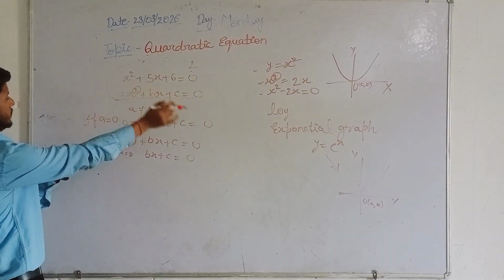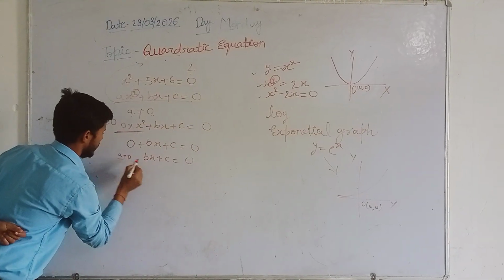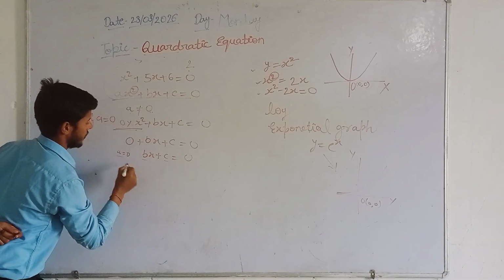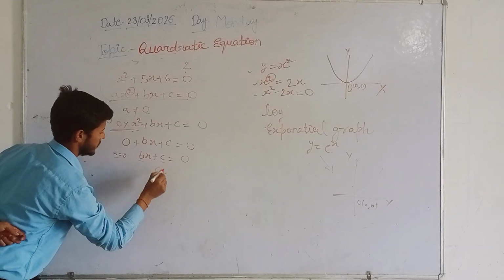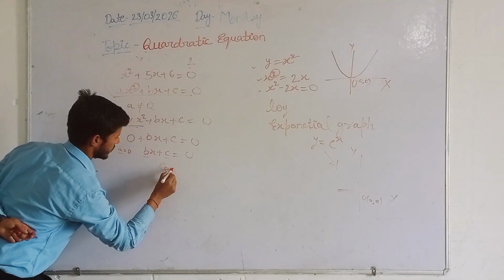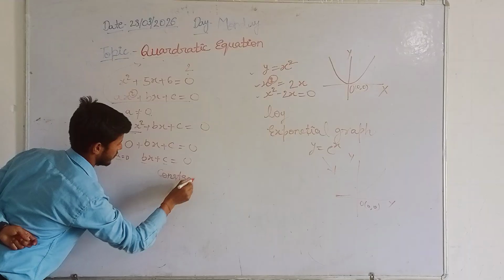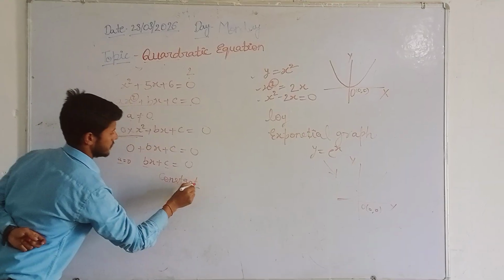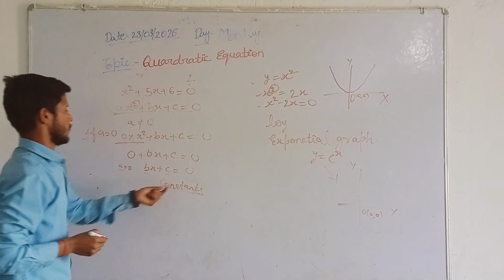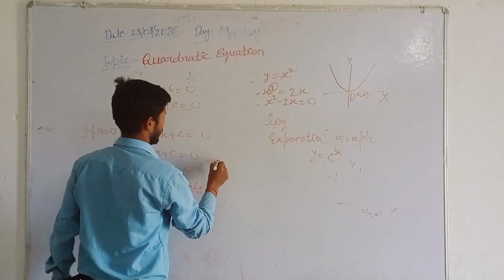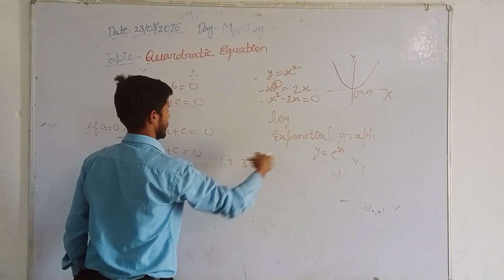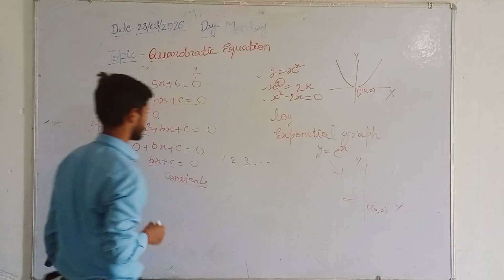Now here a, b and c are constants. What is this? This is constant. Constants you can see 1, 2, 3 and so on.